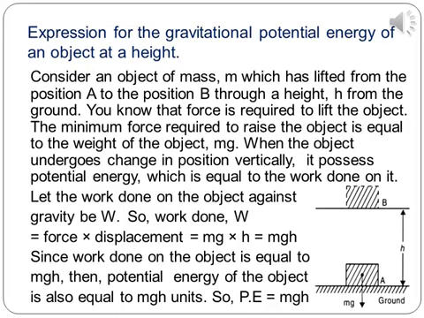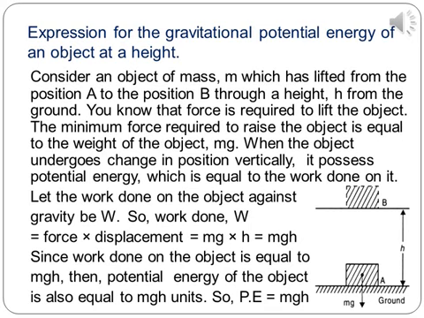When the object undergoes change in its position vertically, it possesses potential energy, which is equal to the work done against the gravity. Let the work done on the object against the gravity be W. So, the work done W is equal to force into displacement.